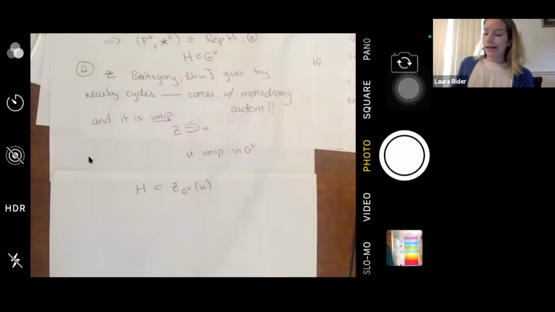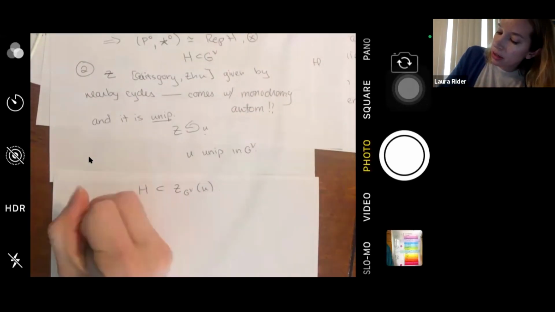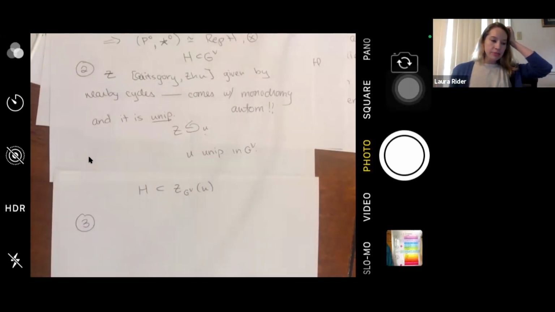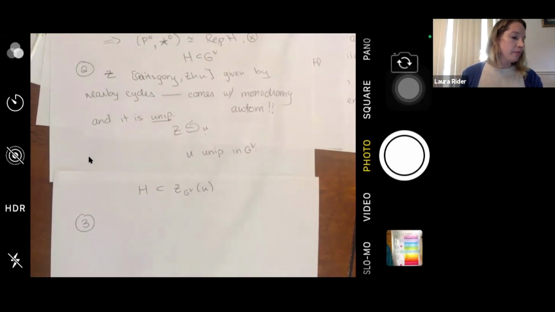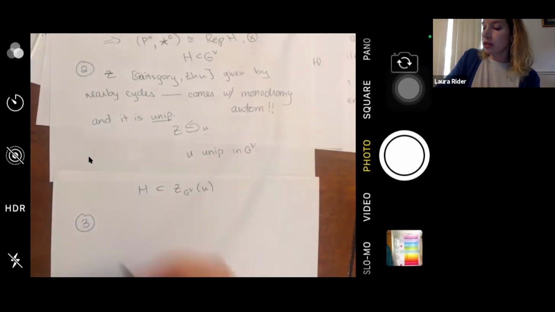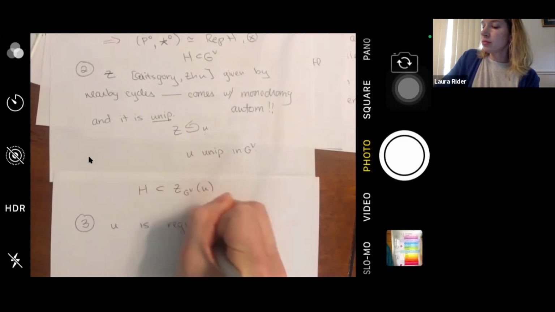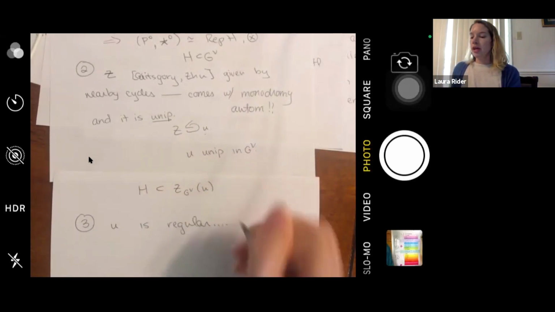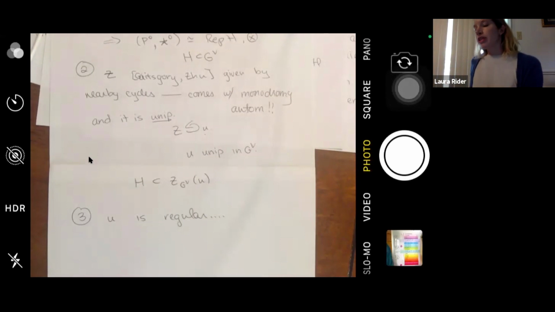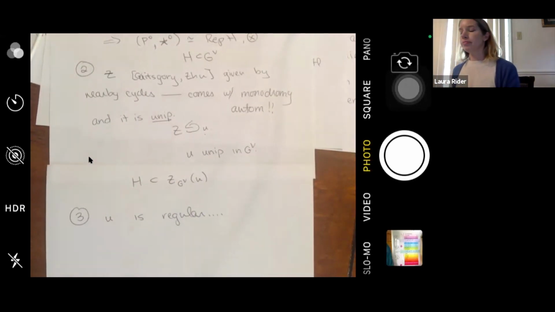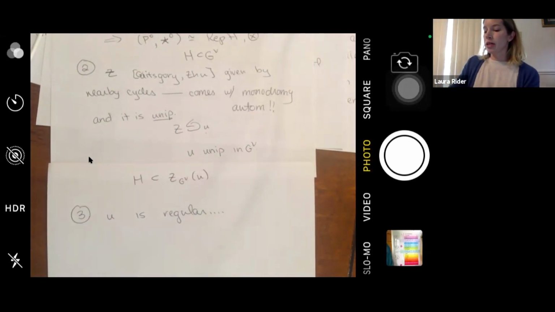All right, so next, we need to see that this is in fact regular. For this condition, we have to look at Wakimoto sheaves.